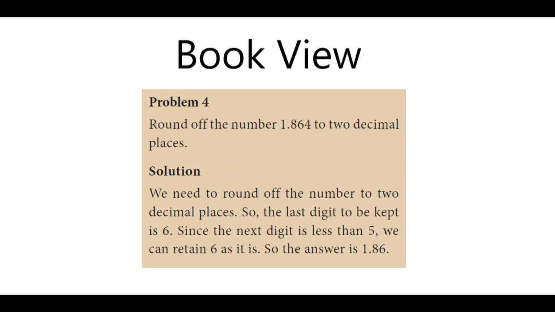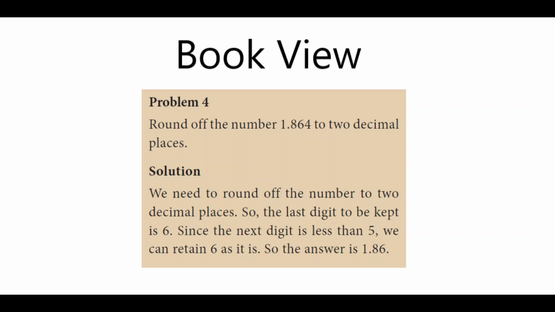Seventh one, the number 4.582 can be rounded off as 4.58. Is that statement true or false? We will see from the book, problem 4. What it mentioned is we need to round off the number to 2 decimal places. So the last digit to be kept is 6.